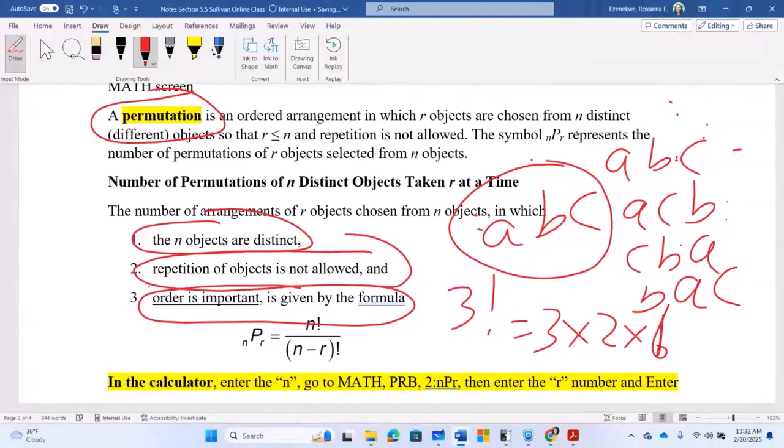Actually, there are 6 different ways I can arrange those ABC, in factorial, because order is important.